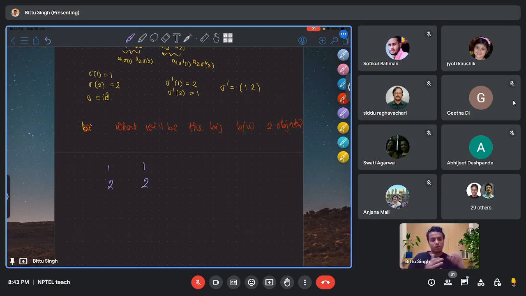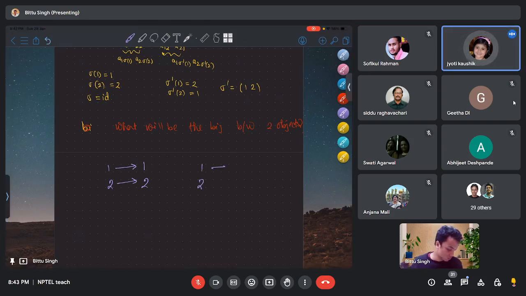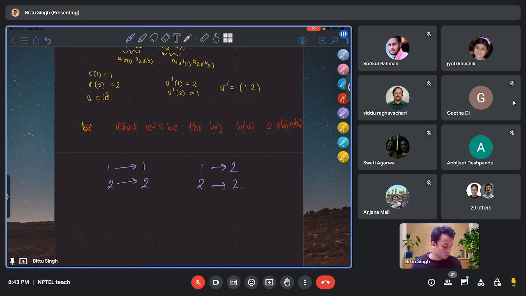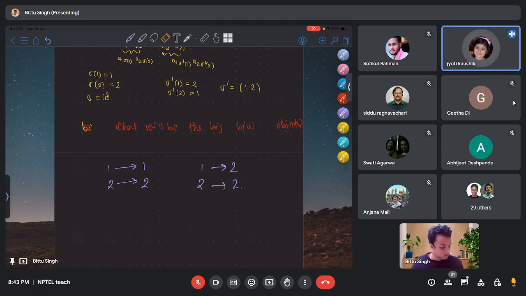That is, you can map 1 to 1 and 2 to 2, or 1 to 2, 2 to 1. So there are two factorial many ways.